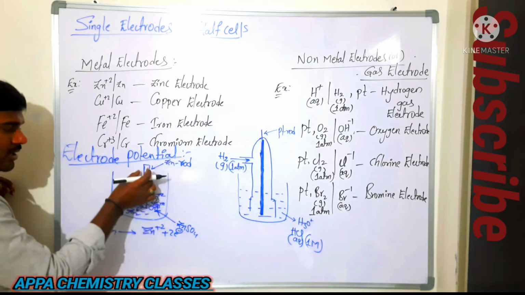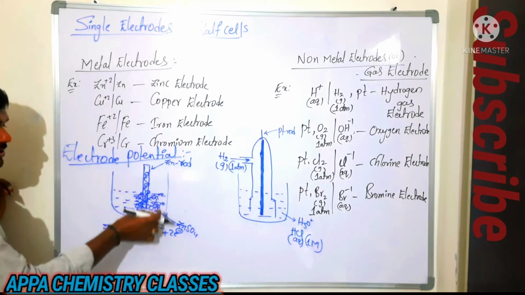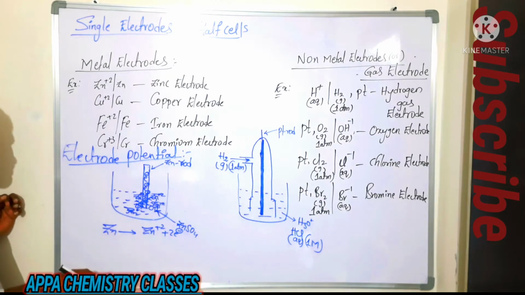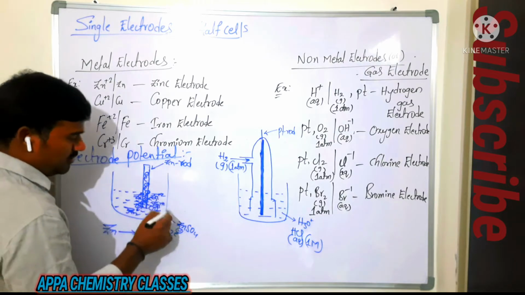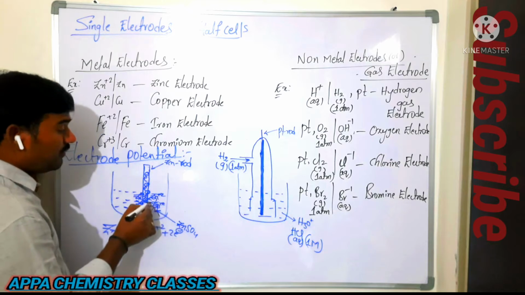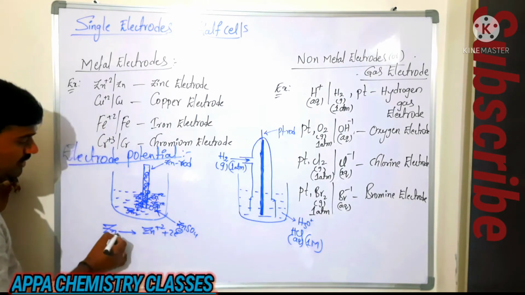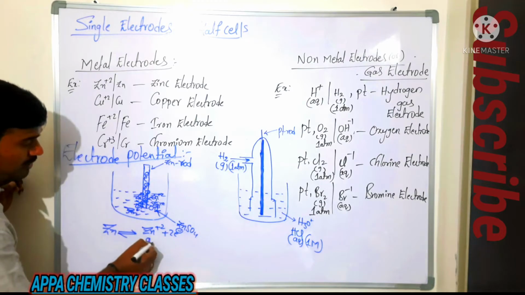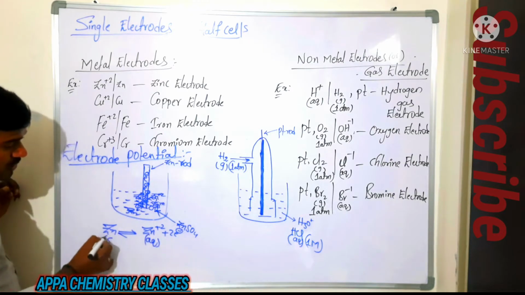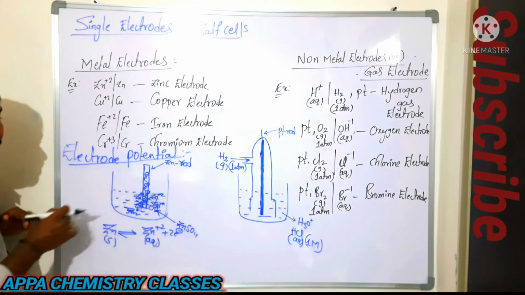Between the zinc ions and these electrons there are opposite charges. Electrons are negative charges. Zinc ions are having what? Positive charges. Till how much time will it lose the electron? Until the zinc metal electrode reaches a concentration which is in equilibrium with this aqueous solution. Till then the electron loss goes on.